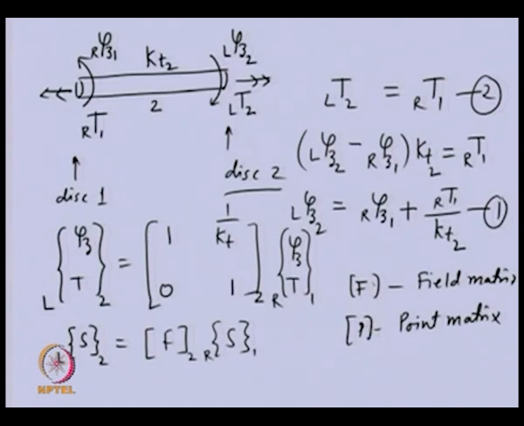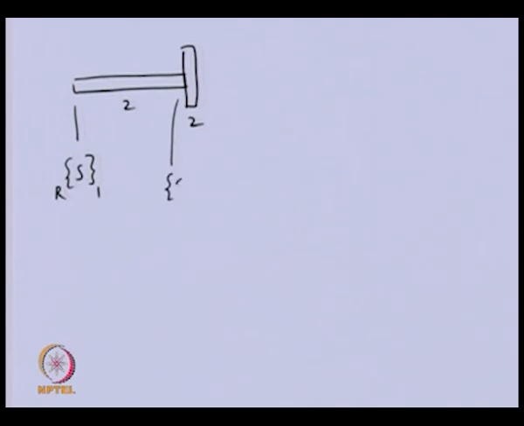So, now we will see how we can use this basic equation for development of the whole governing equation of the shaft. So, now consider the shaft 2 and the disk 2. Now, let us see the state variables. Here we had the state vector which is right of disk 1, and here we had the state vector left of disk 2, and here the state vector is right of disk 2.